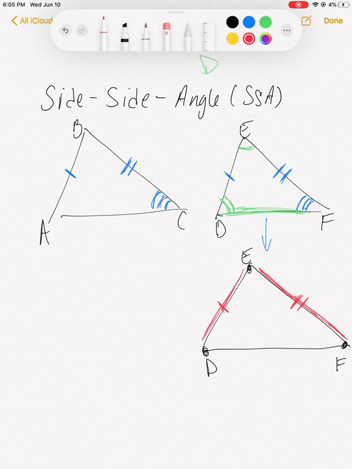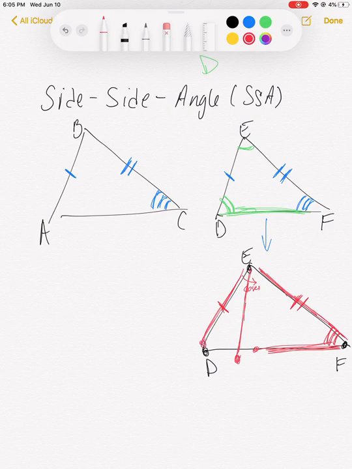Those have to stay the same, but I can vary angle D and length DF. This one has to stay the same though. Let's make DF smaller. And as we make DF smaller, it closes angle E, which can vary. So this side needs to stay the same.